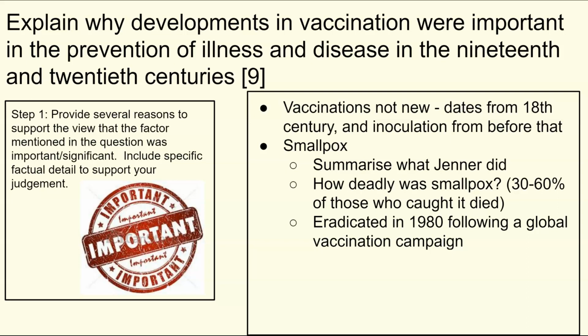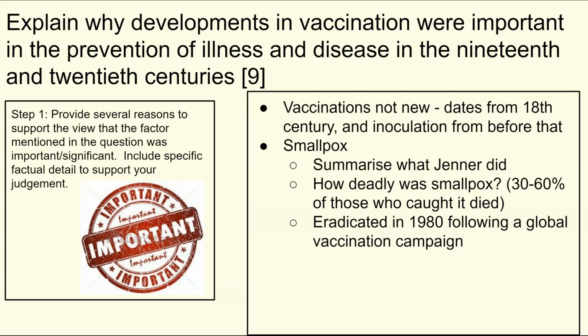This followed work from the World Health Organization, making sure that smallpox vaccination was a global vaccination campaign. This means that there have not been any cases since 1980, and it is officially considered to be a disease that is not in circulation anymore. This really indicates how important the development of the smallpox vaccination was.